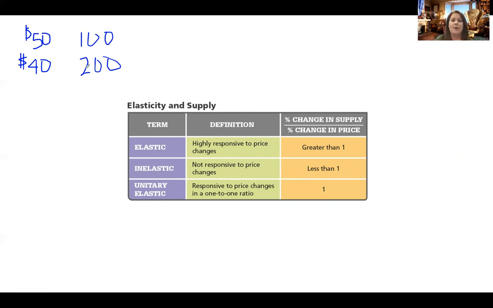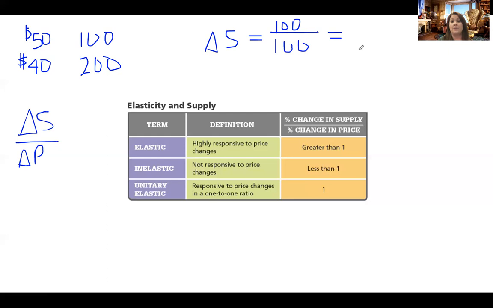Elasticity of supply is going to be the change in supply over the change in price. Change in price is always going to be on the bottom, whether it's elasticity of demand or elasticity of supply. So let's do our change in supply. What's the difference between the two amounts? That's 100 over what's our original supply amount? That's 100. So that gives us a number of 1.